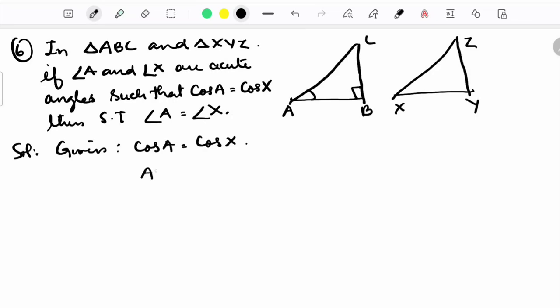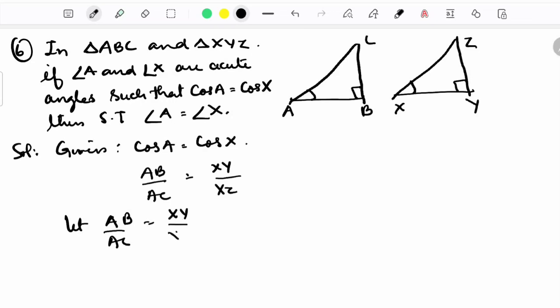So it will be AB over AC is equal to XY over XZ. Okay. Now let us suppose that AB over AC is equal to XY over XZ is equal to k.